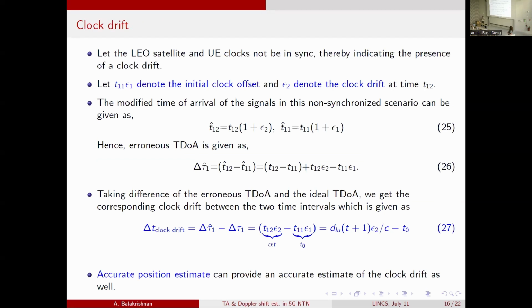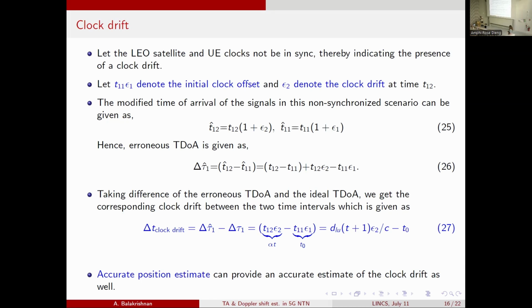Can we estimate the clock drift as well? Interestingly, we can. Say we have an initial clock drift, epsilon1, which is the clock drift at the initial time, and epsilon2 is the change of clock drift.